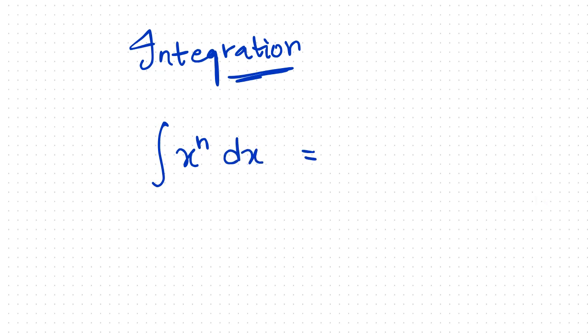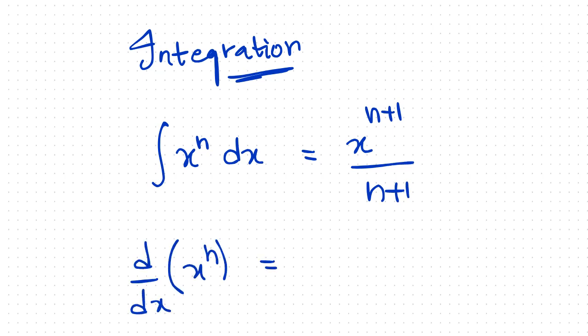This value will be equal to x to the power n plus 1 upon n plus 1. If you remember carefully, d by dx of x power n was n x n minus 1. So n is multiplied, and also the exponent of x is being subtracted with 1.